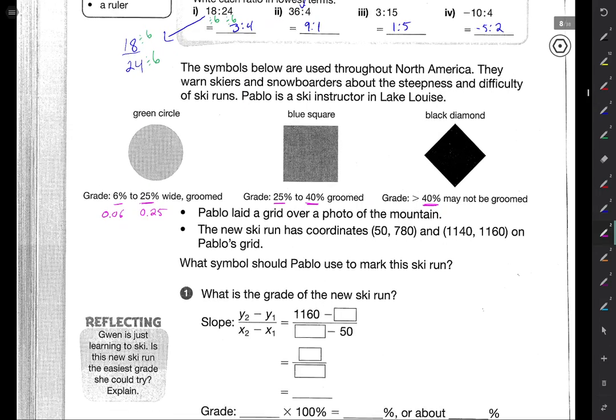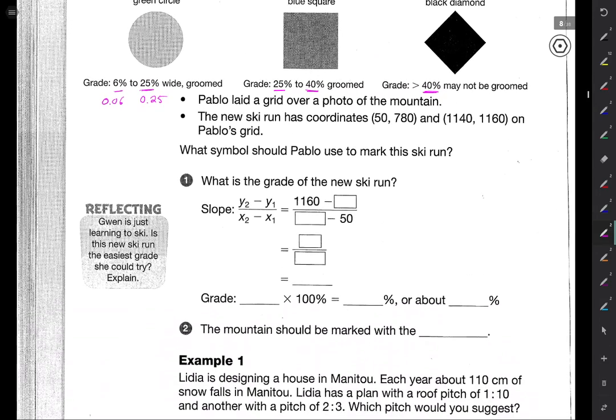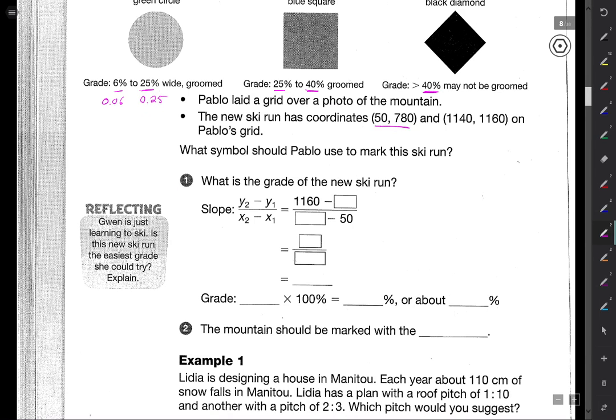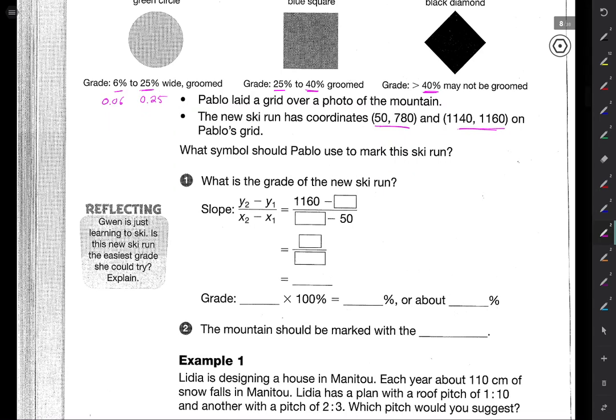So Pablo laid a grid over a photo of the mountain. The new ski run has these coordinates, this one here and this one there. What symbol should Pablo use to mark his ski run? In order to determine which symbol he should use, we need to figure out the grade of the hill, or the slope of the hill. So remember our formula here.